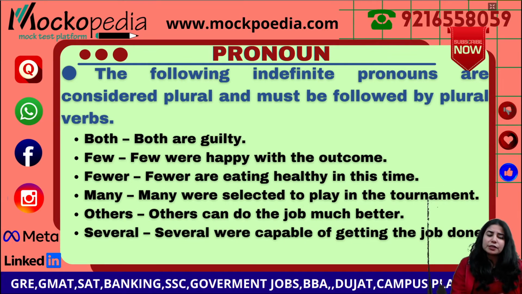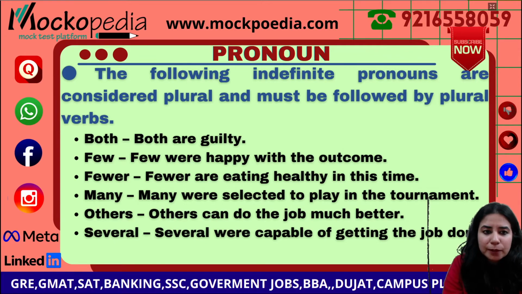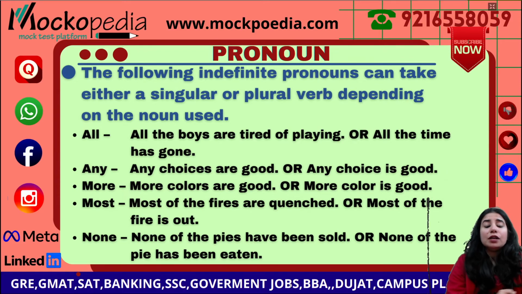So the pronouns that you're seeing on the screen, all these are plural in nature, and hence the verb that will go will also be plural, right? So I'm sure you are going to retain all these important points, and you are going to be friendly with the pronouns as well.